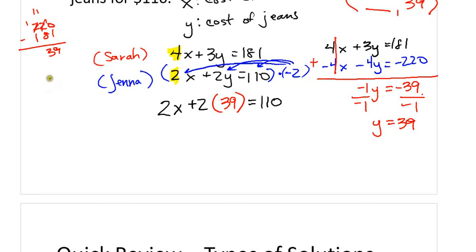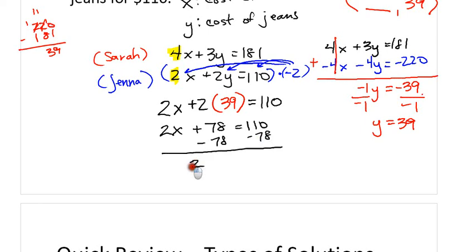Let's solve for x by first multiplying 2 times 39. So it's going to be 2x plus 78 equals 110. Subtract 78. And I find that x is going to be equal to 16.